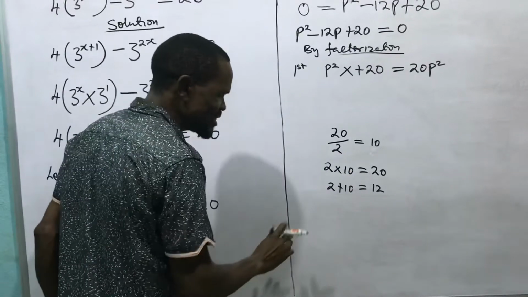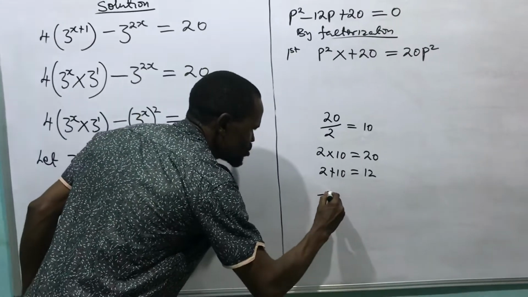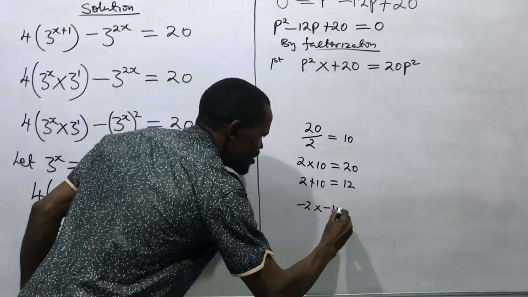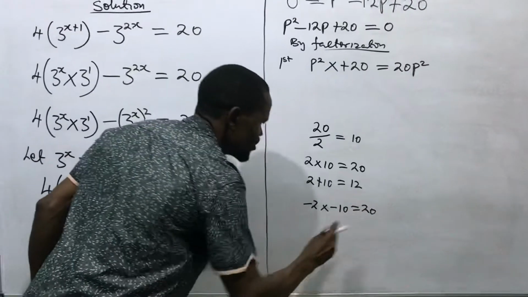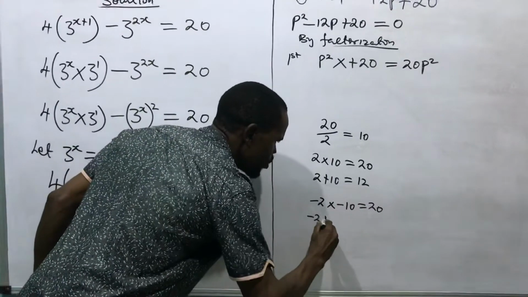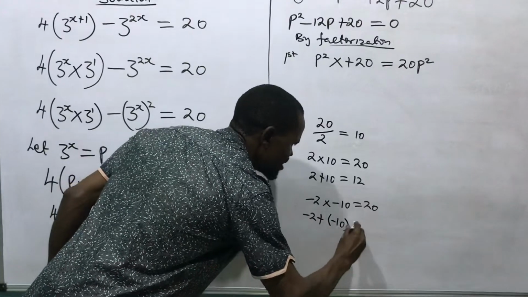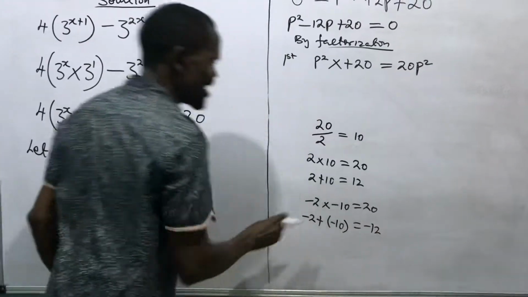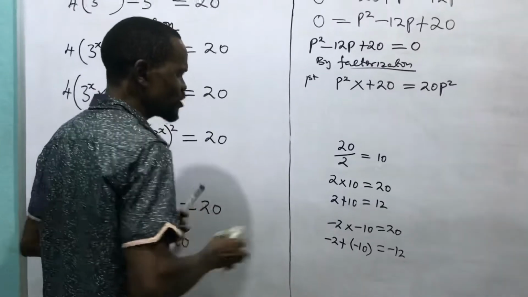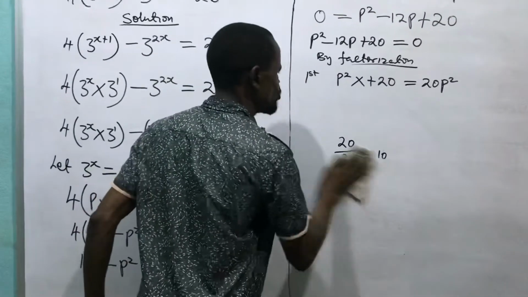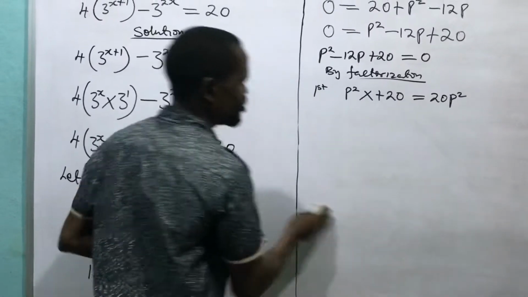For it to be correct, I will now say minus 2 times minus 10. What will it give me? 20. Then minus 2 plus minus 10 automatically will give me minus 12. That means I've gotten the factors. So what are the factors? Minus 2 and minus 10. I think you have gotten what I did now.